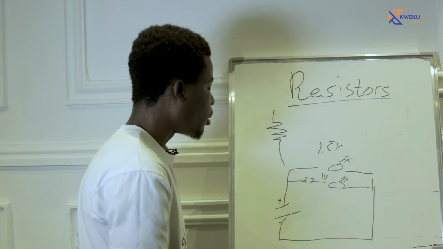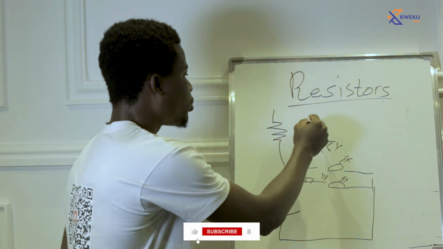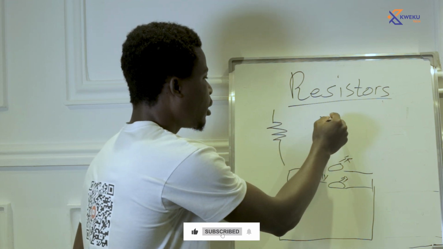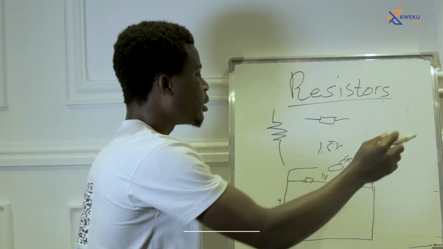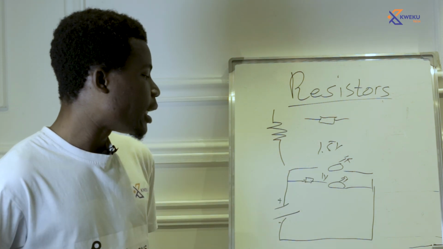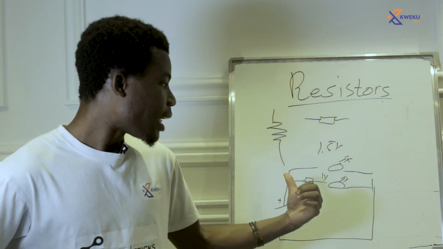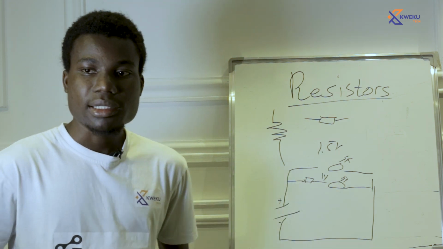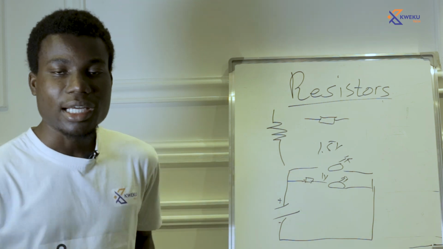Oh yes. This is also a symbol for resistor, and when you see something like this, a rectangle and then 2 dashes at the end, that's also a resistor. That's also a resistor. It's only the symbol for the LED I've forgotten about.